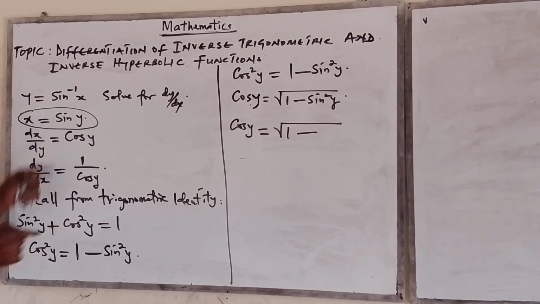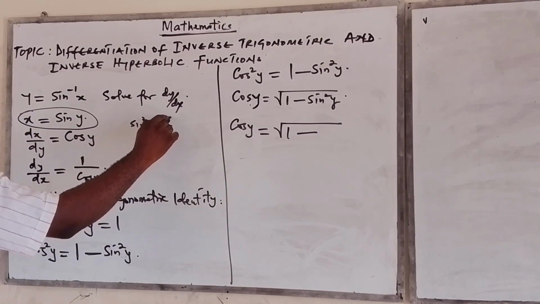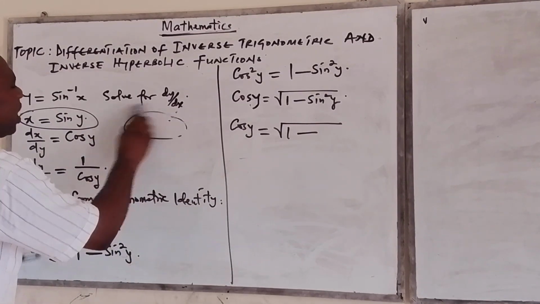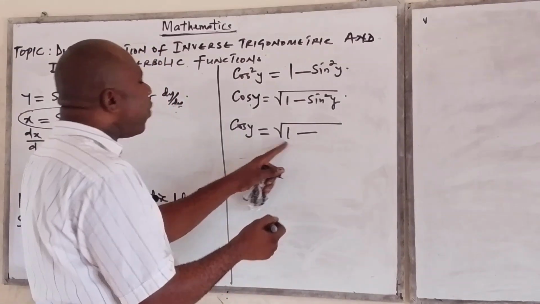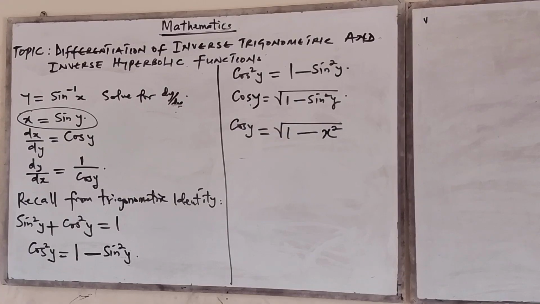So if x is equal to sine y, it means sine squared y will be equal to x squared. So cos y is equal to the square root of 1 minus x squared.